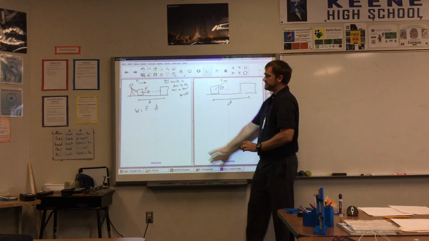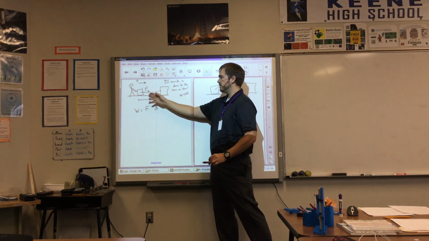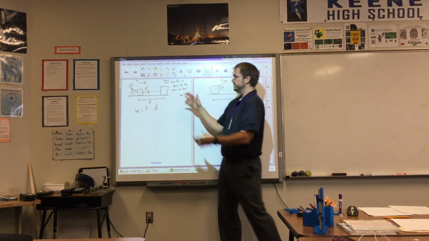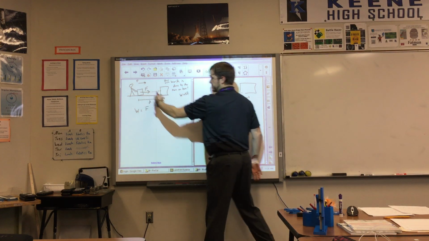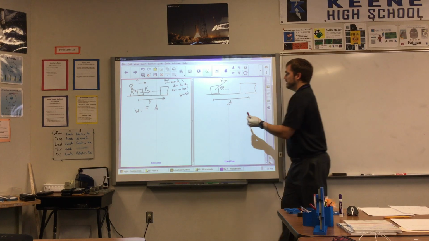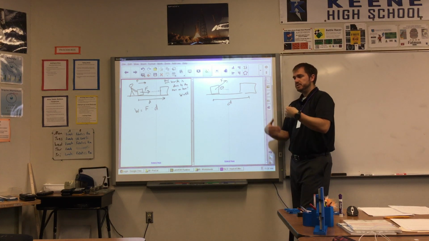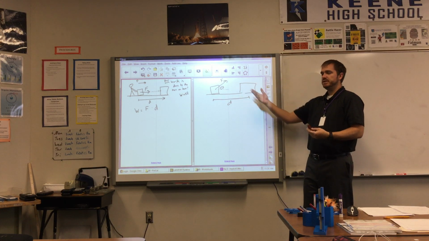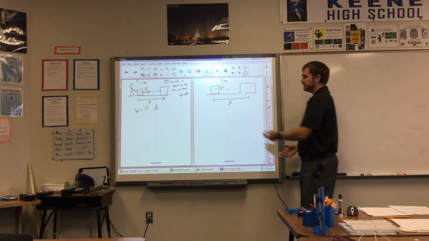But this definition is great when they're both in the same direction, when the force and the displacement are parallel vectors, because technically displacement is also a vector. But as we deal with more complex situations, we have to have a slightly more complex formula.